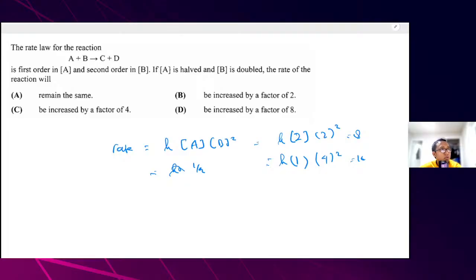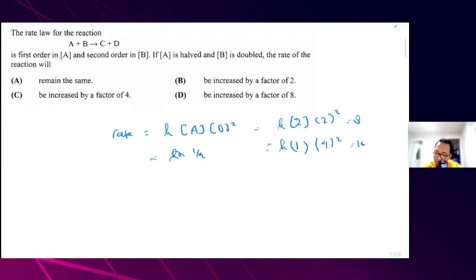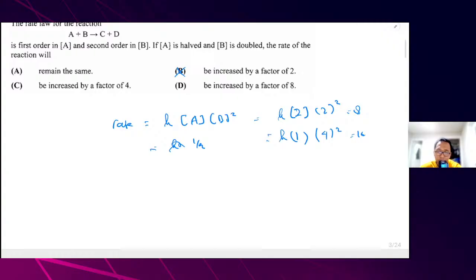Probably the answer. Okay, increasing by a factor of 2. Okay, that's correct.